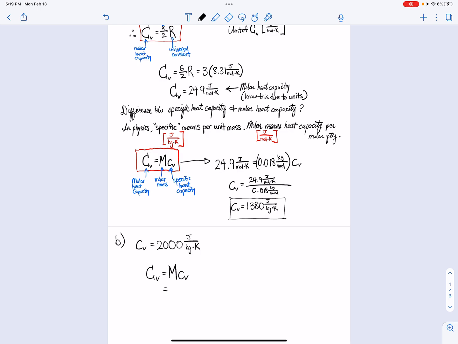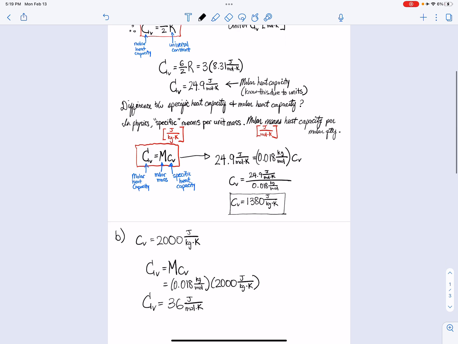My molar mass is 0.018 kilograms per mole, and my specific heat is 2,000 joules per kilogram Kelvin. And so I'll find my molar heat capacity at lower pressures to be equal to 36 joules per mole times Kelvin.